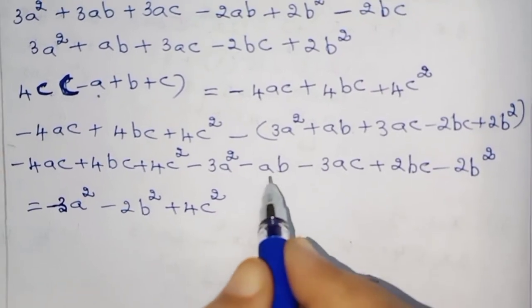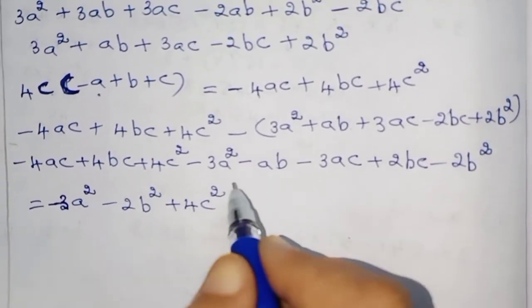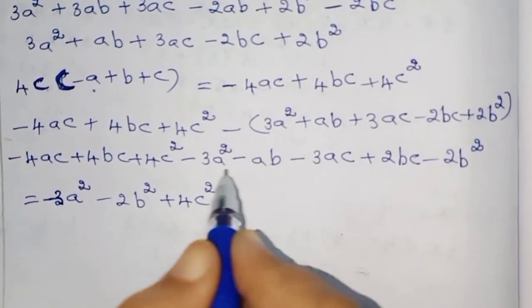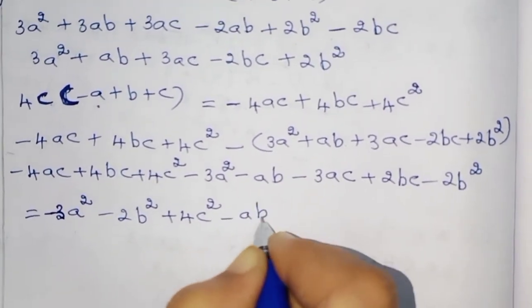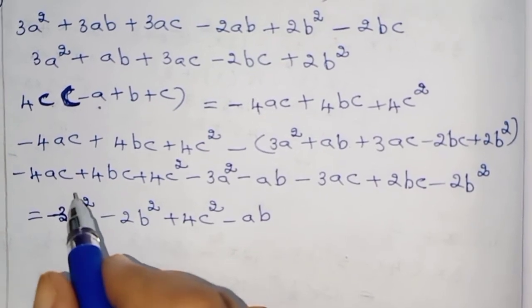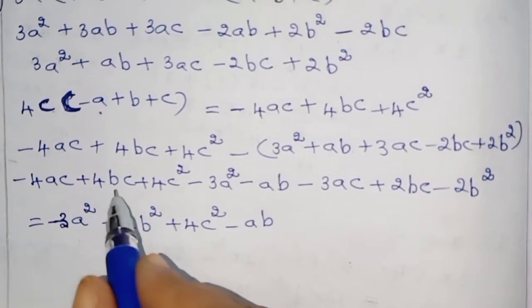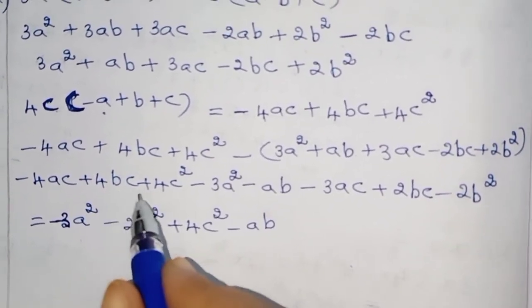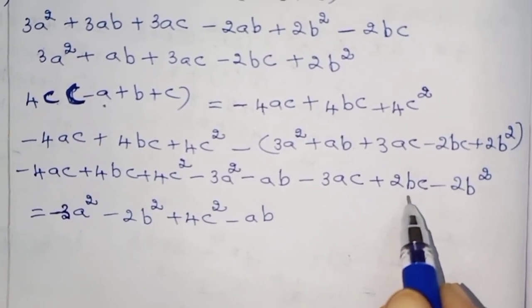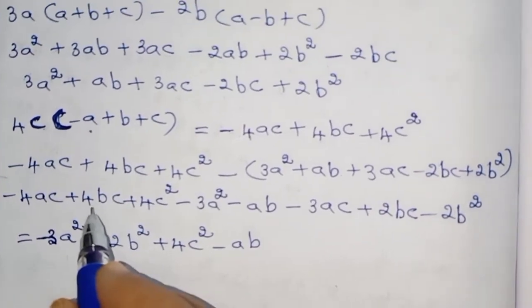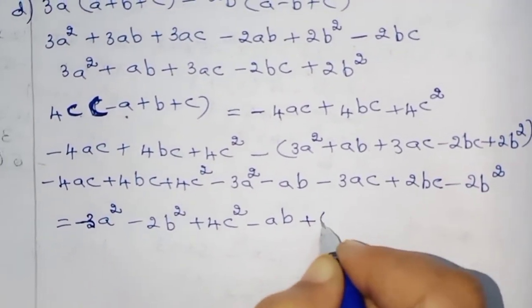Now here you have ab. Let us see whether any term is there with ab. No, so we write this as it is. Next, here you have bc. So plus 4bc plus 2bc. They are like terms. What is 4 plus 2? 6. So it is 6bc.